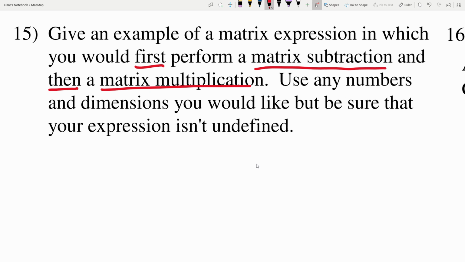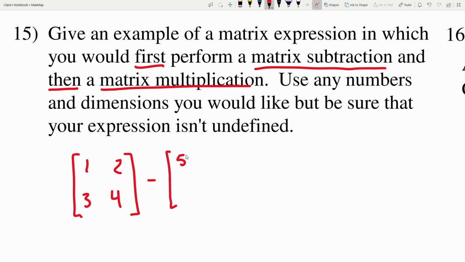So in order to perform matrix subtraction, the matrices need to be the same size. I'll write this 1, 2, 3, 4, and I'll give it a little bit more space. And because I have a 2 by 2, I need to have the same size in order to subtract. So I'll subtract 5, 6, 7, 8, another 2 by 2.